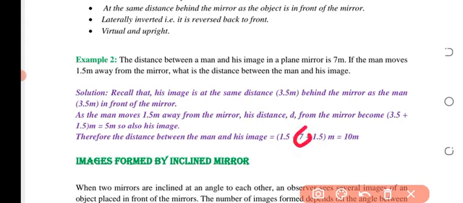And now the man moved away from the mirror by 1.5 meters, and also the image will move away by 1.5 meters. Adding all this together, we're going to have 10 meters. That is, the new distance between the man and his image in the mirror is now equal to 10 meters. Let's quickly move away from that.